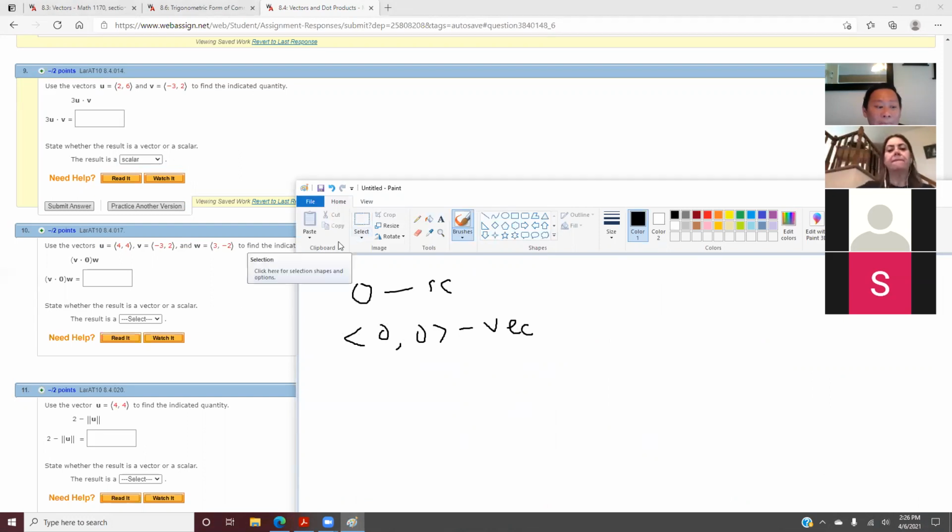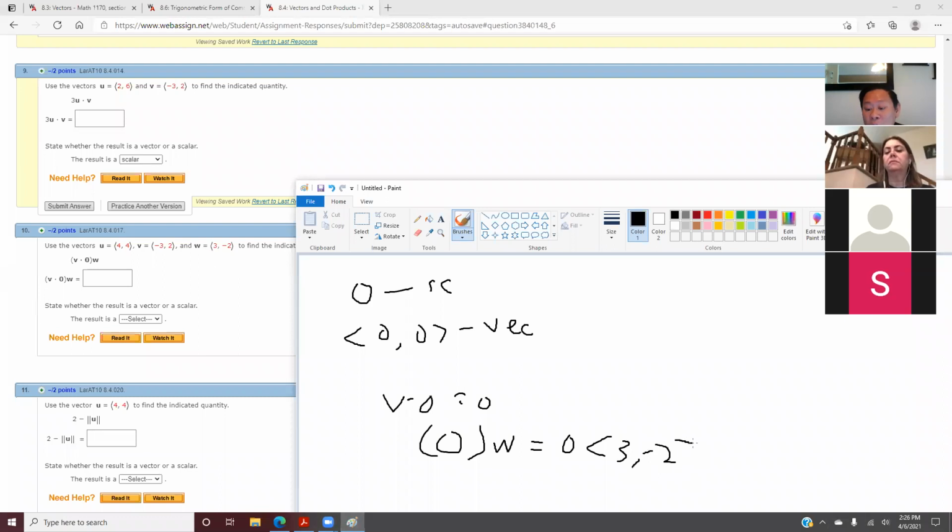0 as a scalar. Okay, so we know v dot 0 is 0. We know that. So if you take 0 multiplied with the vector w, and what is the vector w in this case? The vector w in this case is 3, -2.